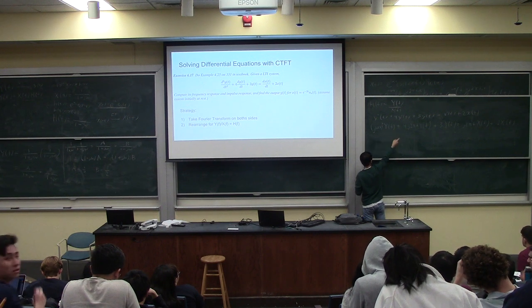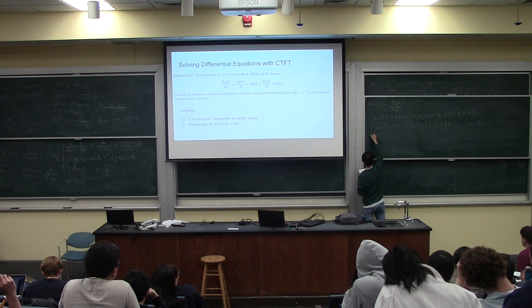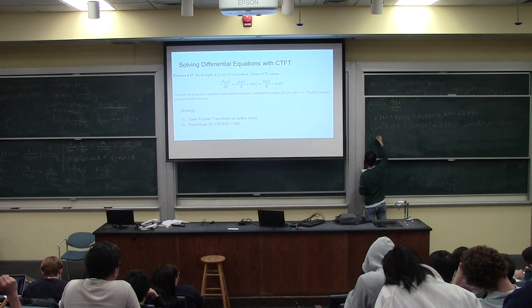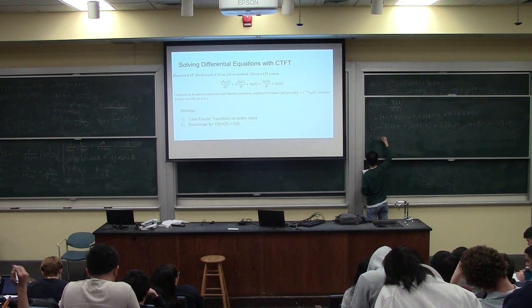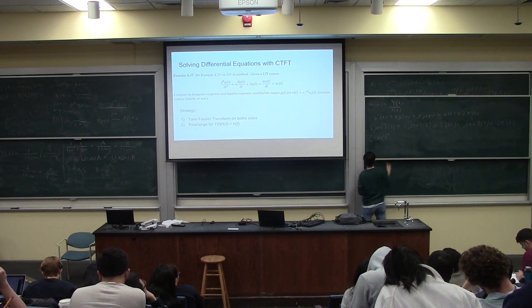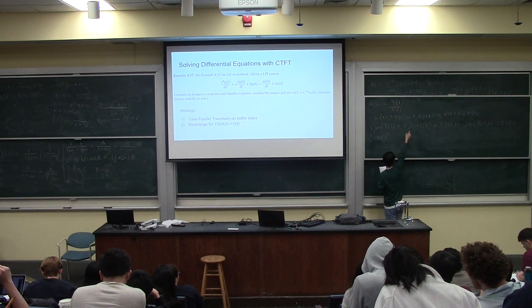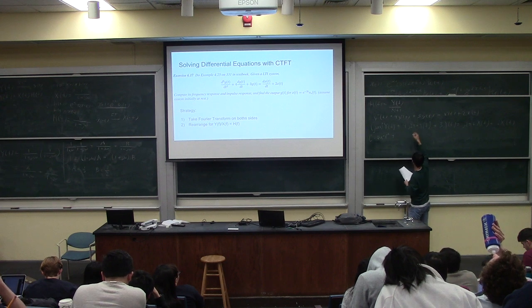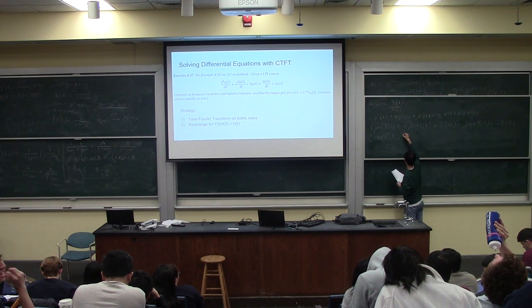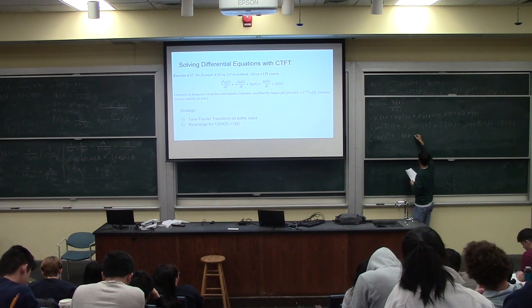On the left side, the factors of Y of f are negative 4 pi squared f squared, taking the square of that, plus bringing the 4 into the j2 pi f gives j8 pi f, plus 3.